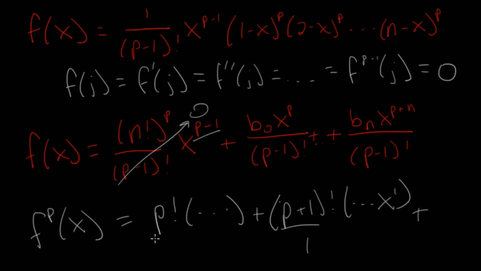But there will always be this multiple of p through every term. So all subsequent derivatives of f of x after the p minus 1th derivative will have some value of p in front of every term. So therefore, all those derivatives will be divisible by p.